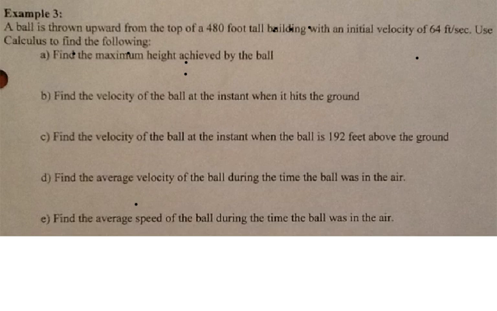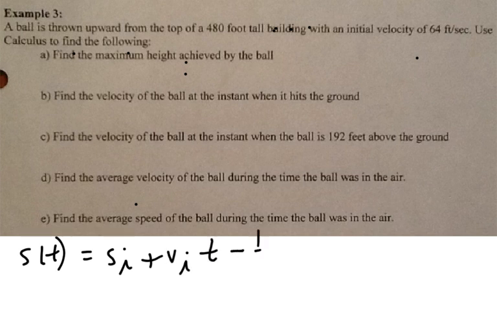Now, first thing it says to do is find the maximum height achieved by the ball. Well, before we can do that, we need to write a position equation given the information in the problem. And to do this, we are going to use the free fall model, which was your last note card for today, and that is S of t equals S sub I, which means your initial position, plus V sub I, which is your initial velocity, times time, minus 1/2 gt squared.